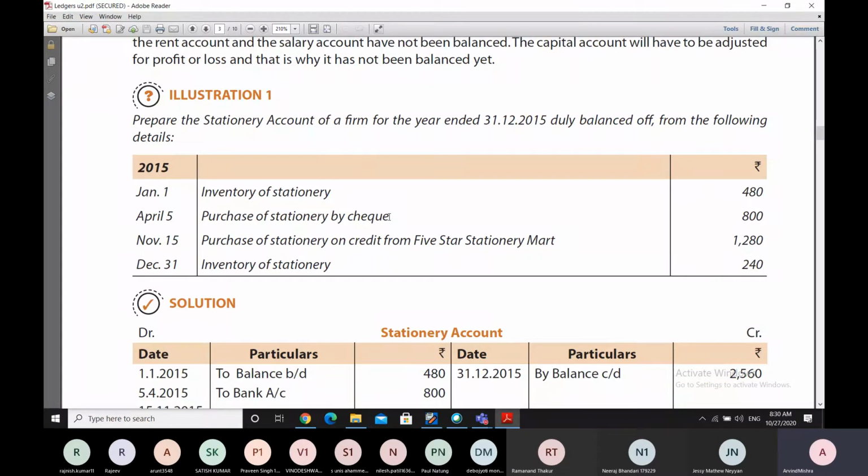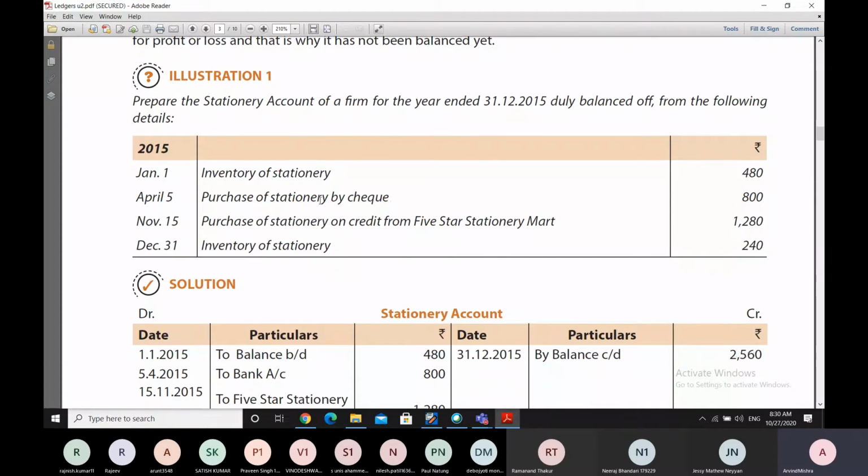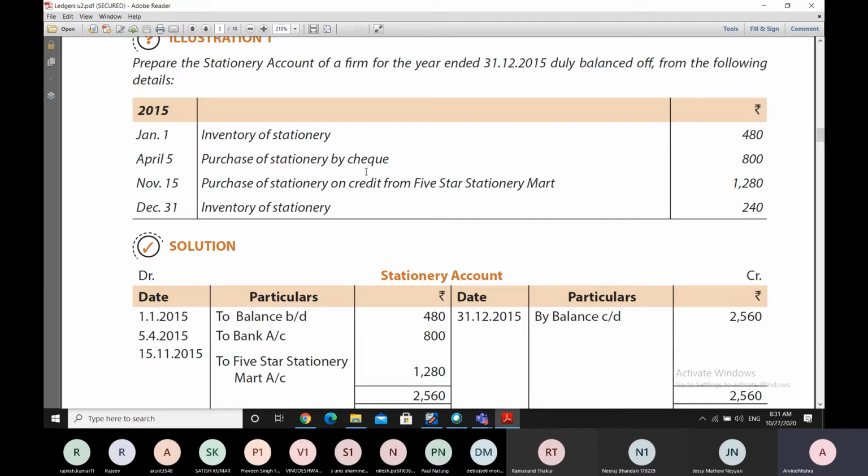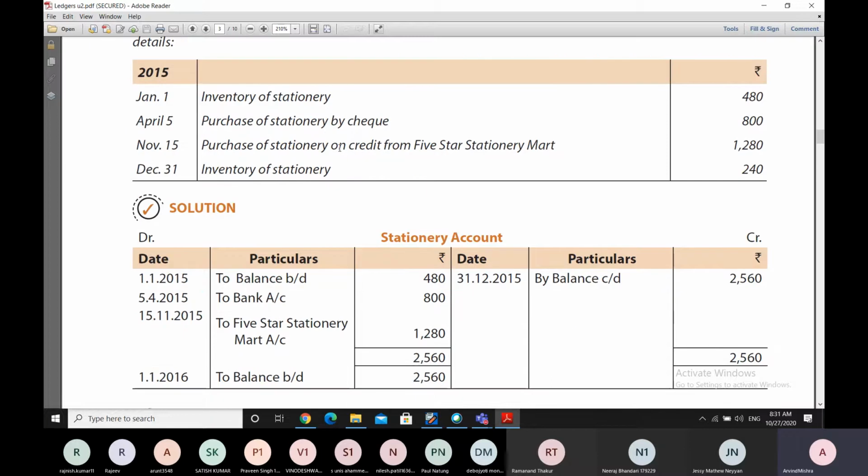So the first thing we are going to do is that normally, whenever some details of transactions are there, as in this particular illustration, for any transaction or any event, in order to make an account, we must first make a journal entry, and after having made the journal entry, we can go on to make the ledger entry. Of course, this is a very simple example, so what is being shown here is that an account is being prepared directly from the transactions.